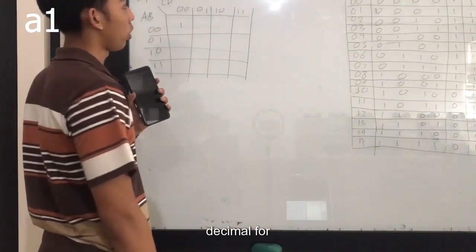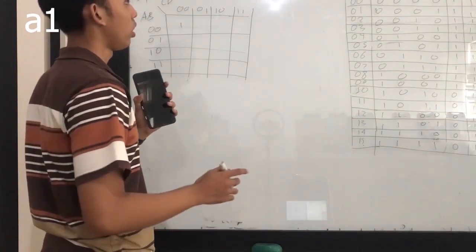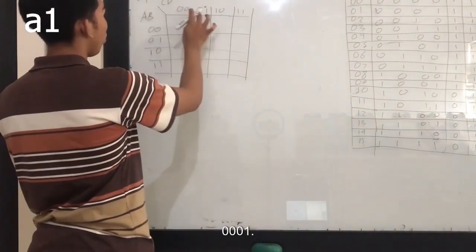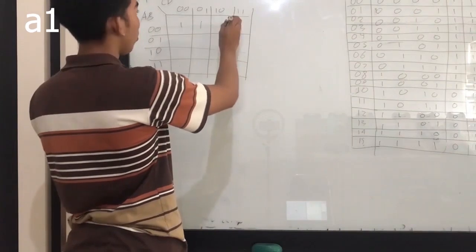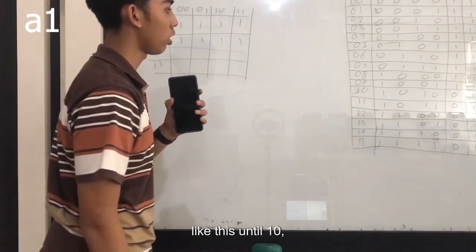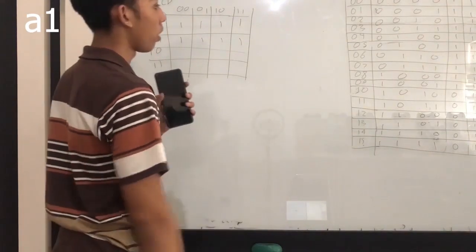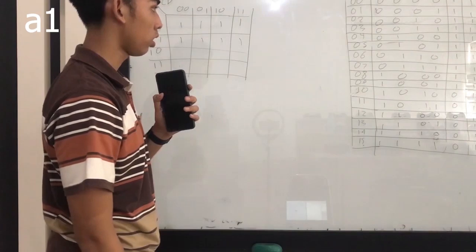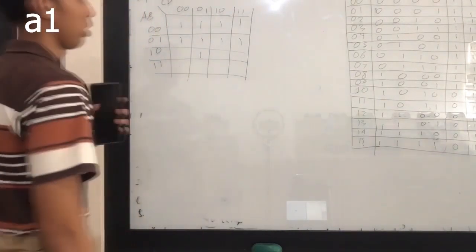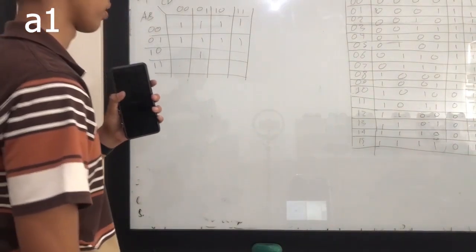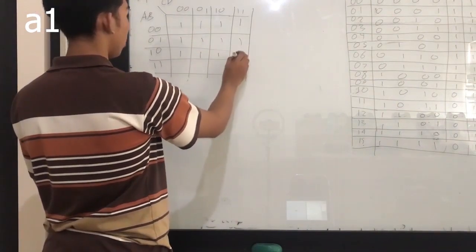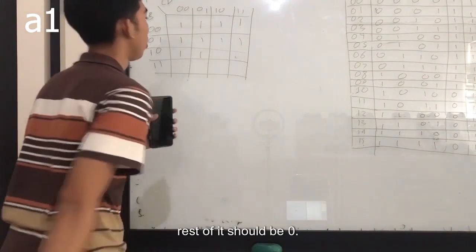The binary of decimal 1 is 0 0 0 1. Okay, here 0 0 1 0, and so on until 1 0 0 1. Should be like that, and the rest of it should be zero.